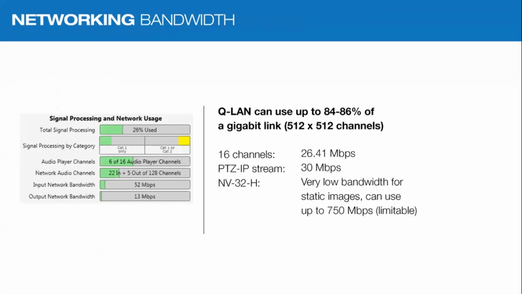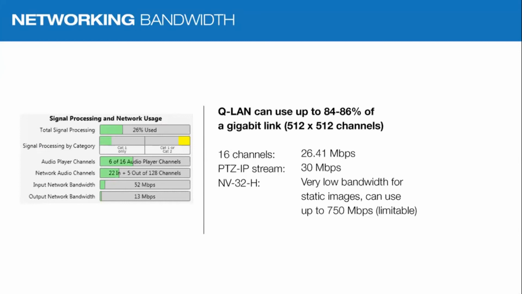Q-SYS Designer shows a dialog box that gives you an estimated network bandwidth. But in modern day networks, where the entire thing is gigabit switches and usually 10 gigabit backhaul, there's really no concern about network bandwidth.